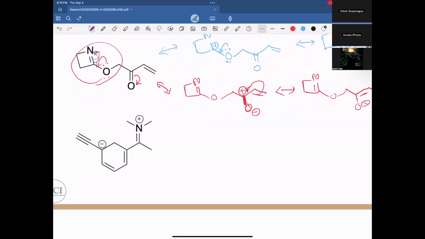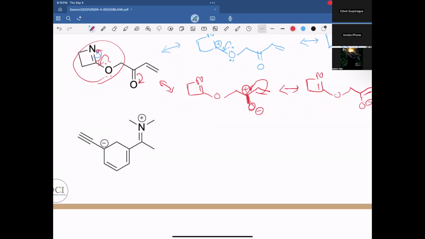So now let's take a look at the second one. For the second one, let's start with the negative charge. We can probably do electron lone pair, right? Like this, like this. Negative charge here.